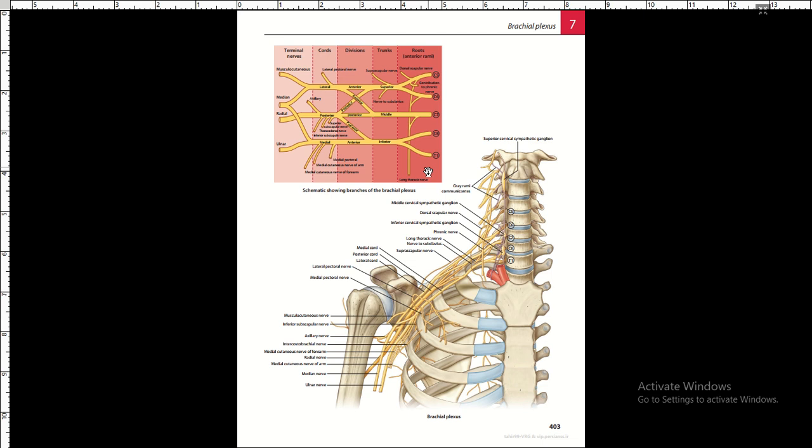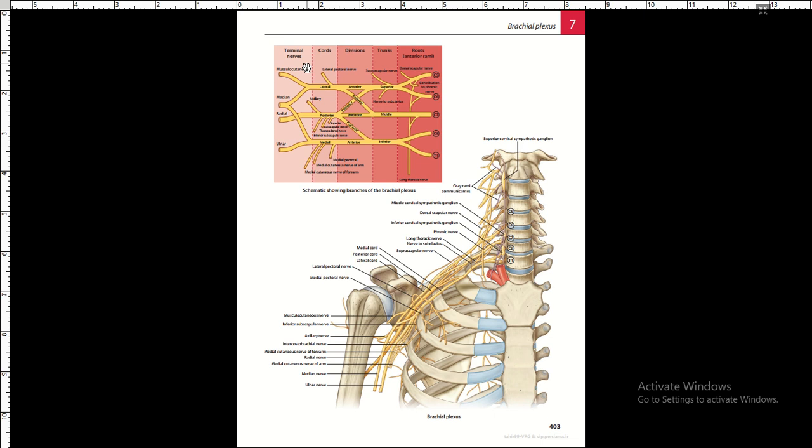The brachial plexus is going to be divided into five parts. You're going to have the roots, the trunks, the divisions, being in the posterior triangle of the neck, and then the cords and the terminal nerves, they are going to be in the axilla. Very important, right?